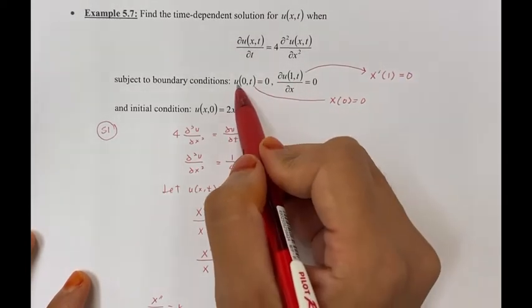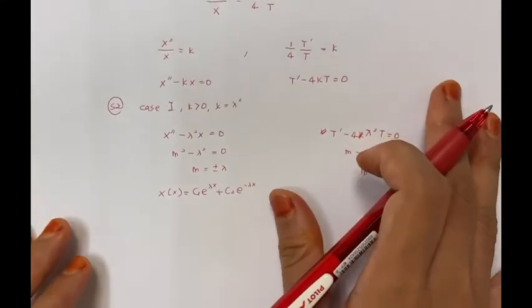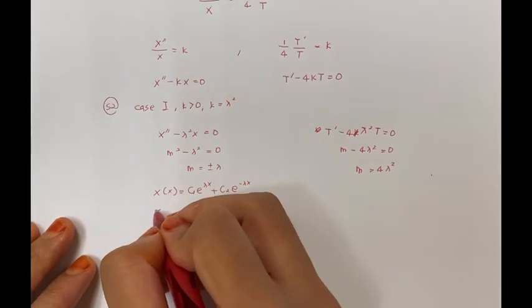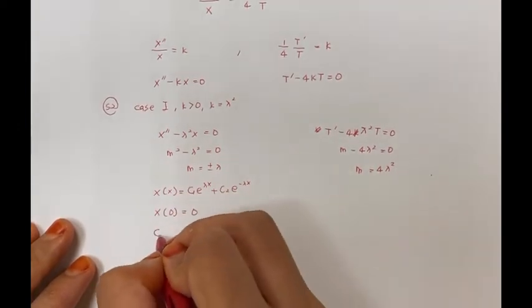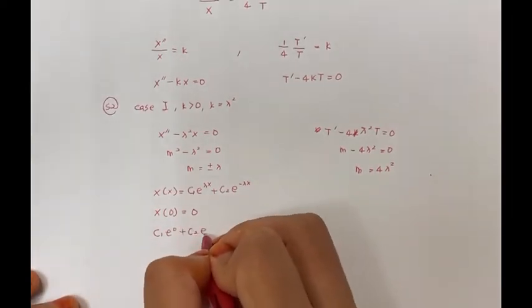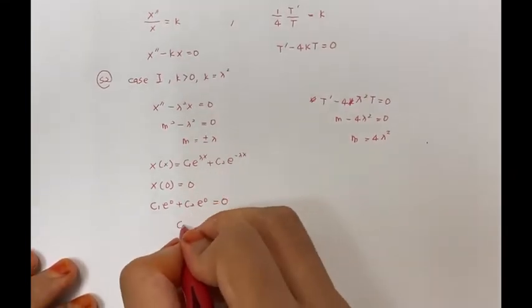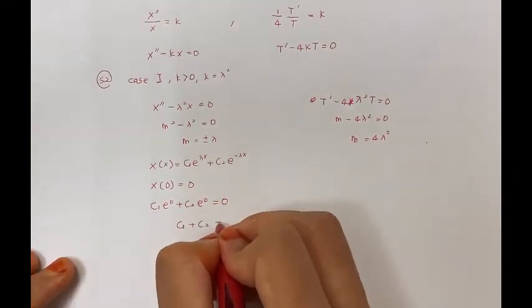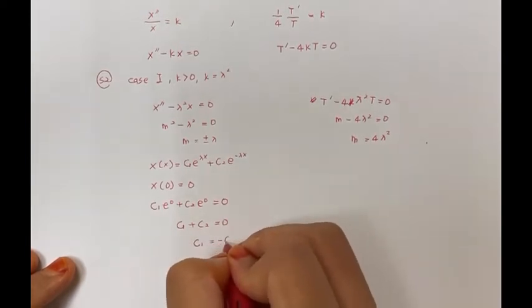For this one, u(0,t) means X(0). Substitute X(0) equal to 0. So C1 e to the 0 plus C2 e to the 0 is equal to 0. So you have C1 plus C2 equal to 0, meaning that C1 equals negative C2.